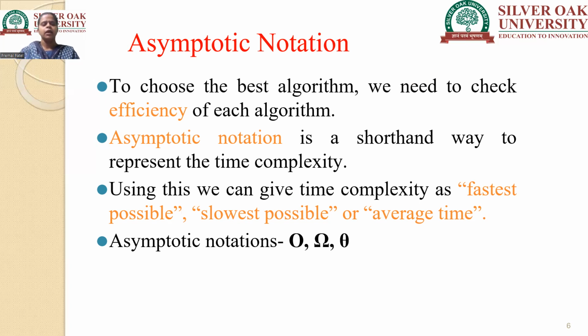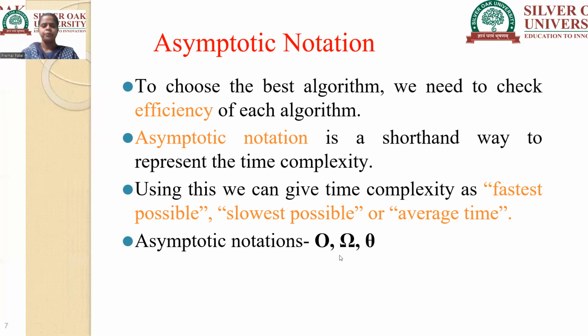The asymptotic notations to define these three are big O, omega, and theta. Big O represents the fastest possible, omega represents the slowest possible, whereas theta is the average time. Big O is also used to define the upper bound, whereas omega is used to define the lower bound.